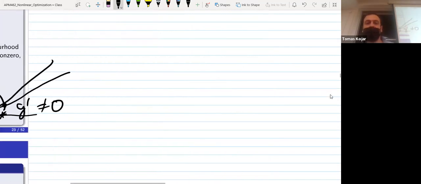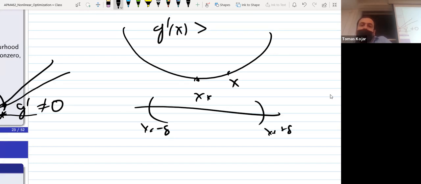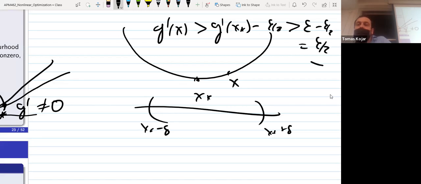The picture is you have this, and you have X, which is delta close. From this, you get that G prime of X is bigger than G prime of X naught, or star, minus epsilon over 2, which is bigger than epsilon minus this. Epsilon delta is fun.